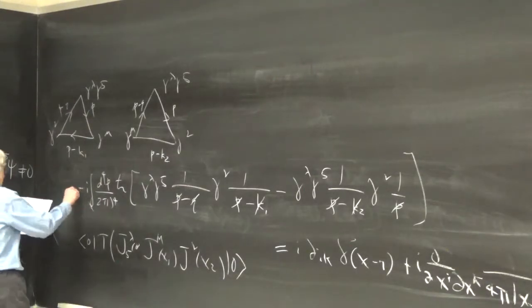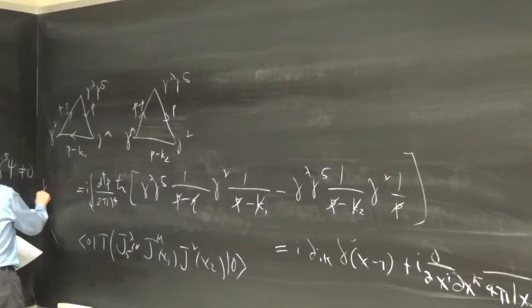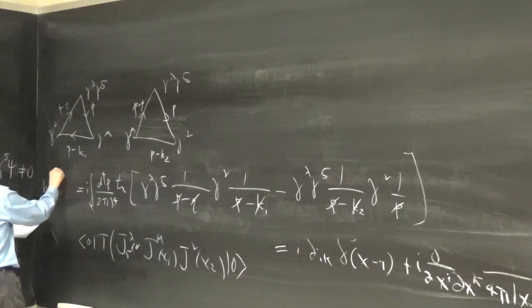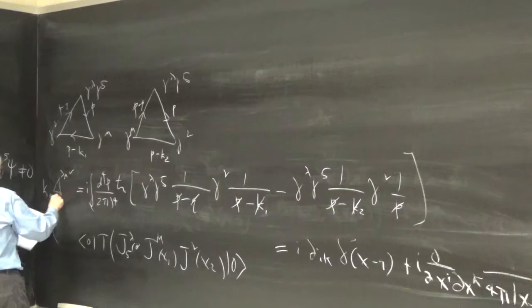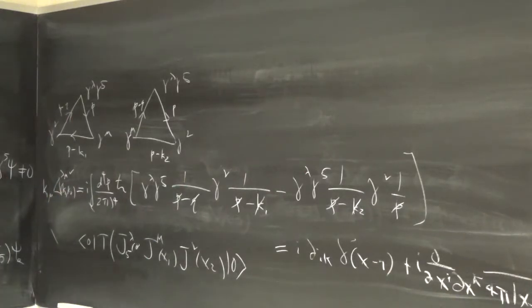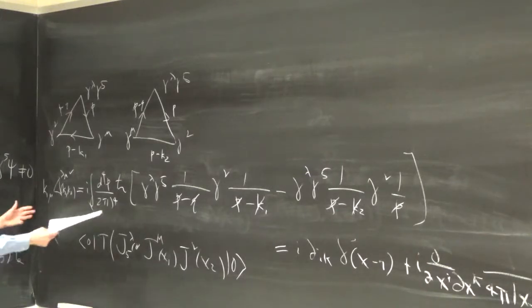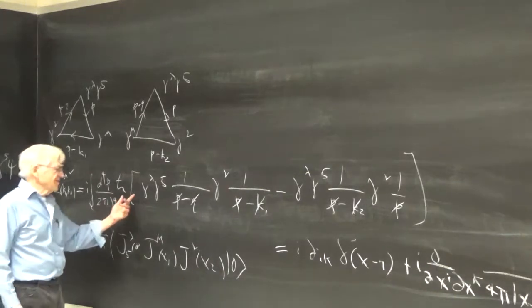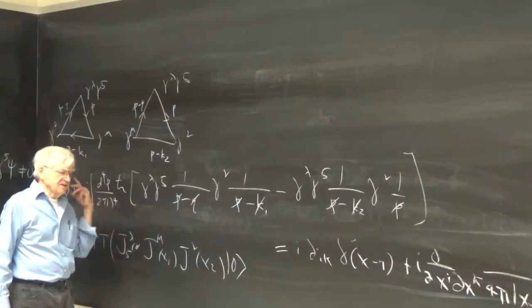This is actually k1 mu delta lambda mu nu of k1 and k2. Anyway, so you've got something that, of course, the thing is you're not allowed to shift.